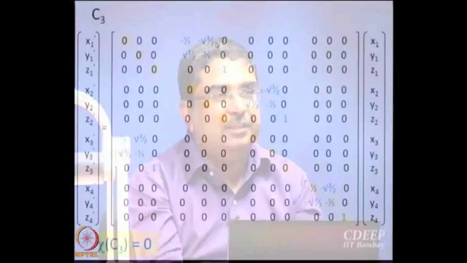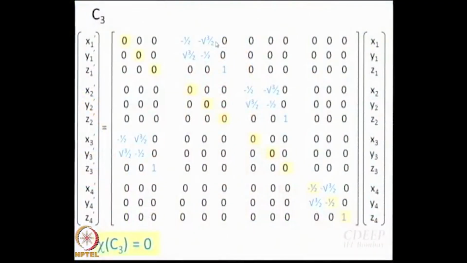So the non-zero blocks have gone off diagonal for 1, 2 and 3, because x1 dash, y1 dash, z1 dash are completely expressed in terms of x2, y2, z2. x2 dash, y2 dash, z2 dash are completely expressed in terms of x3, y3, z3. And those for atom 3 are completely expressed in terms of coordinates of atom 1.